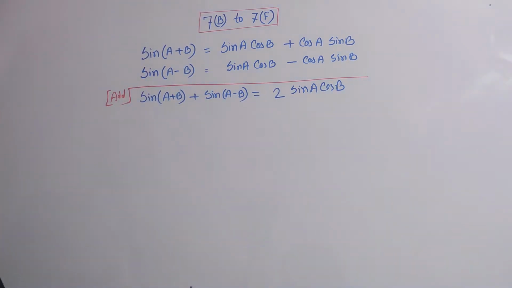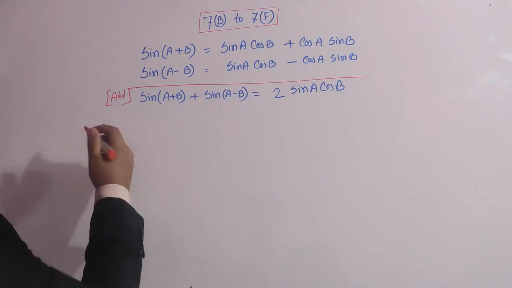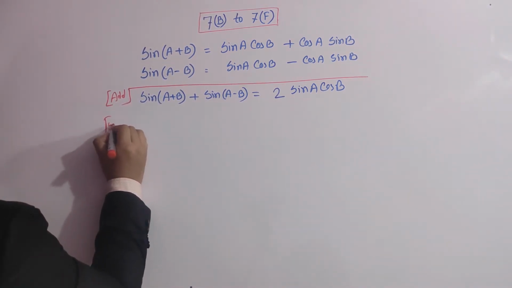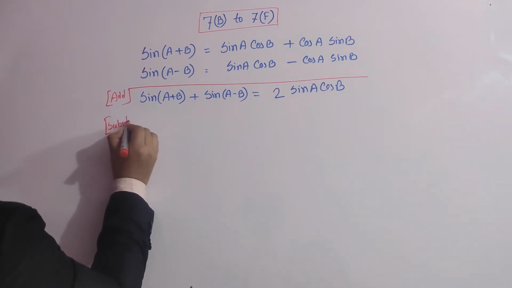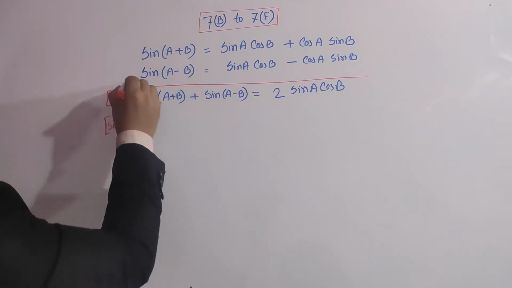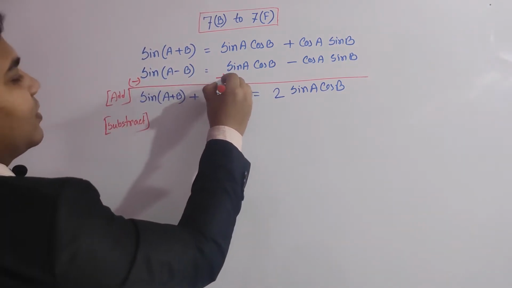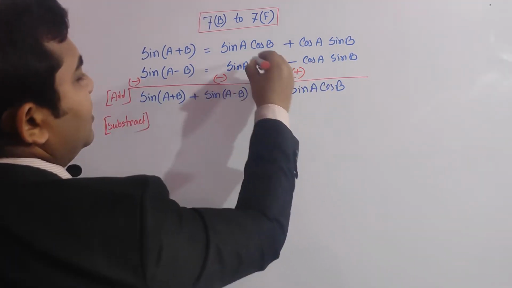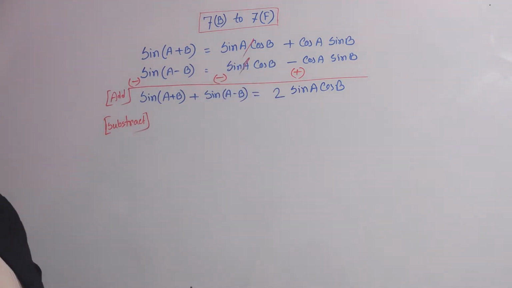Okay, so if we subtract these two, then what will we get? If we subtract, all the signs should be changed. So at that time these two will be gone.